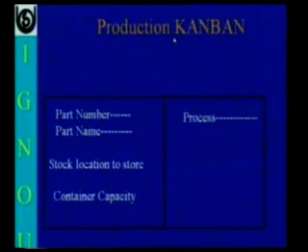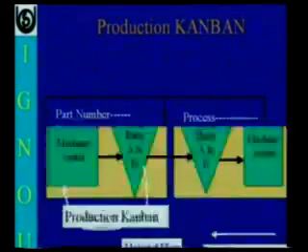The preceding process and the subsequent process are mentioned in the withdrawal system. Now this is an example of production ordering Kanban system. Here the part number, part name, stock location to store, container capacity and the process which needs to be done on the production are mentioned.